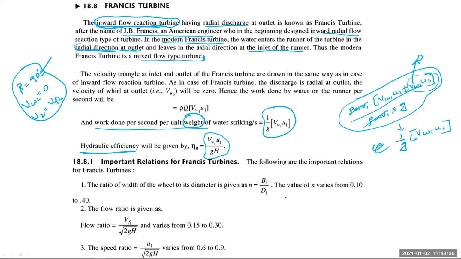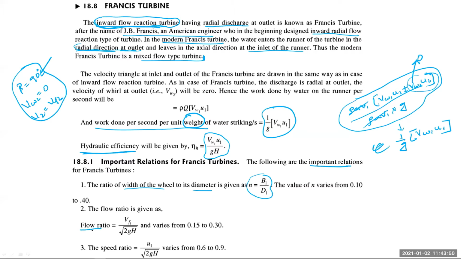A few more relations are given while solving numericals. Some important relations for the Francis turbine: the ratio of width of the wheel to the diameter. In numericals, this value will be given. Out of these three parameters, two will be given, one you have to calculate.